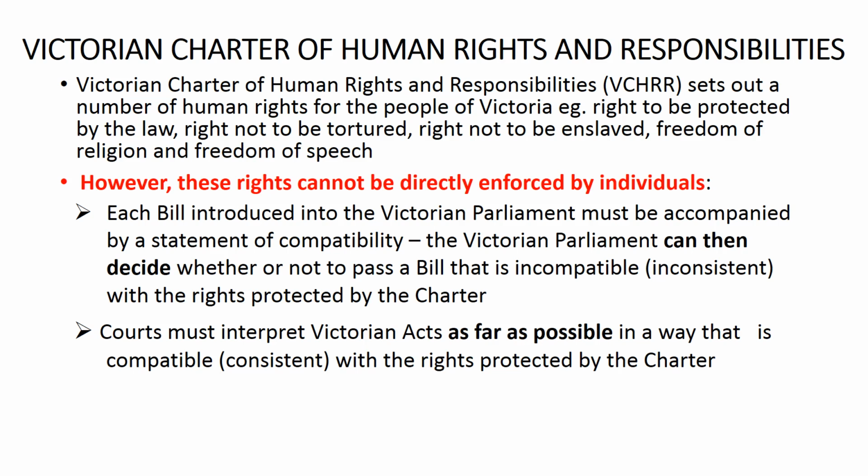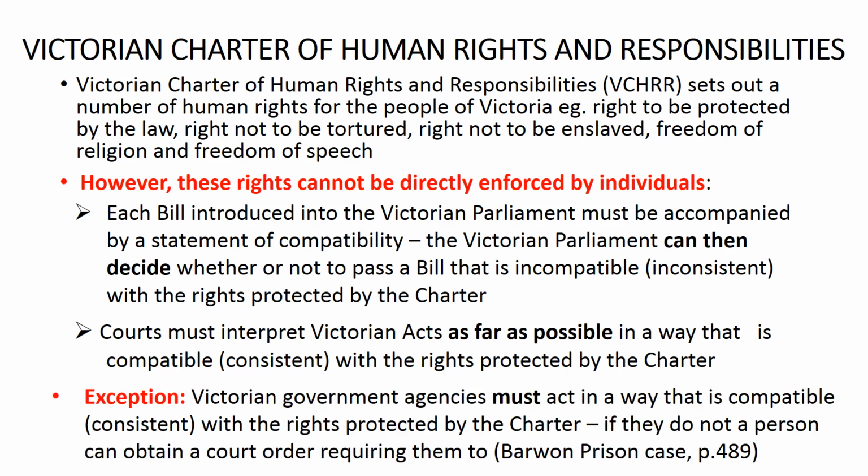Now, you'll recall that I said there was one exception where the rights set out in the Victorian Charter of Human Rights and Responsibilities can be directly enforced by an individual whose rights have been breached, just as in the case of other legislation such as anti-discrimination legislation.